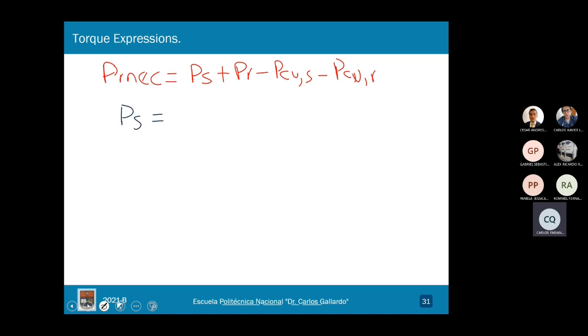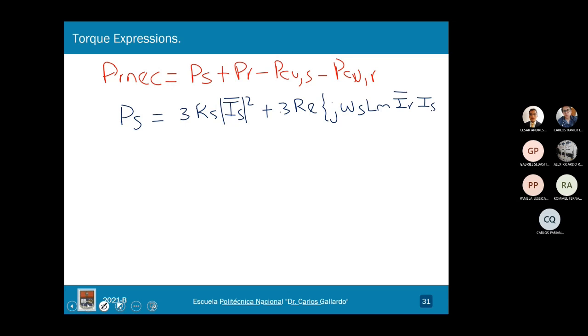The stator active power is equal to 3 times the stator resistance times the stator current squared, this is phasor, plus 3 times the real part of j, the angular frequency, the magnetizing inductance, the rotor current, this is phasor, times the conjugate of the stator current. We demonstrated this equation in the previous class.